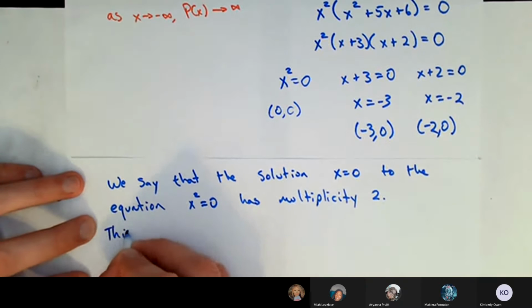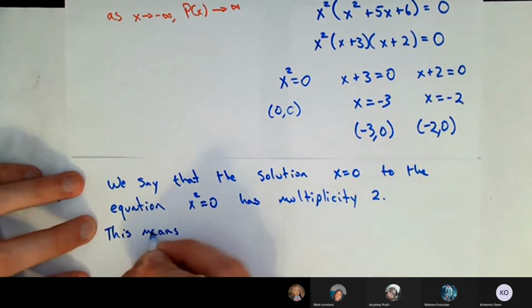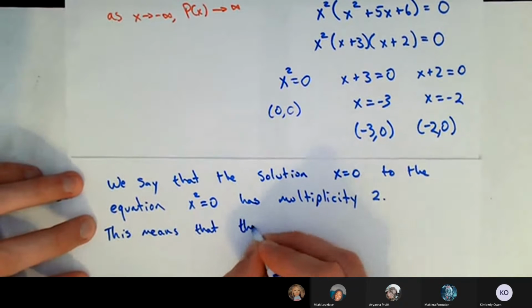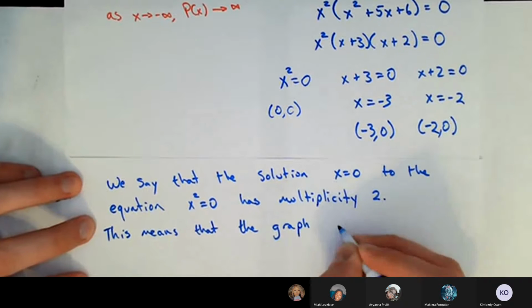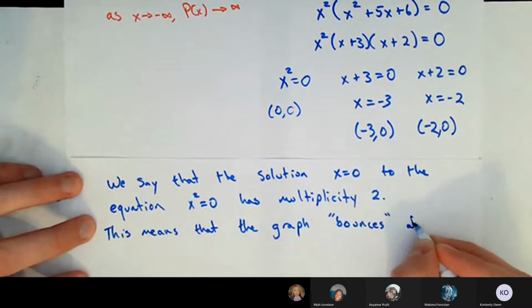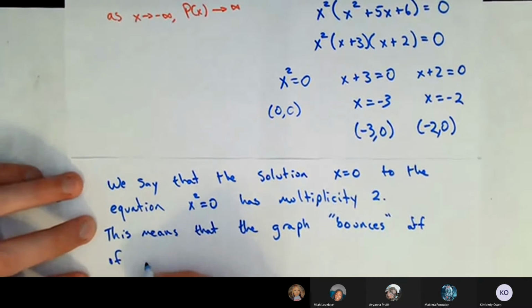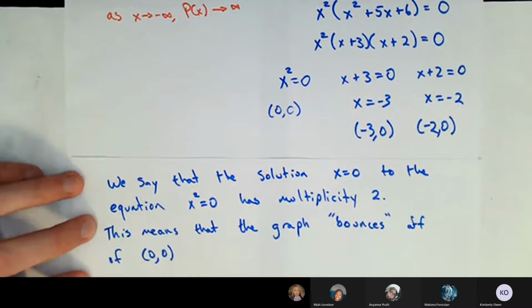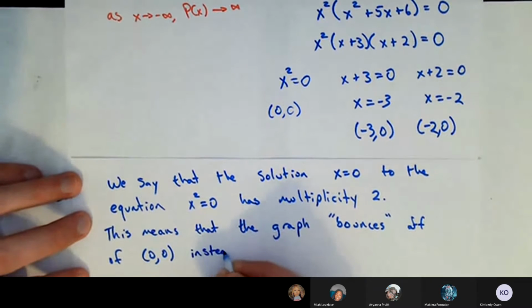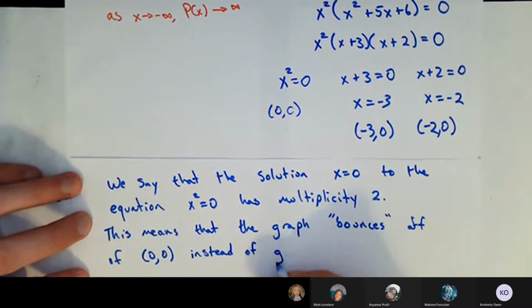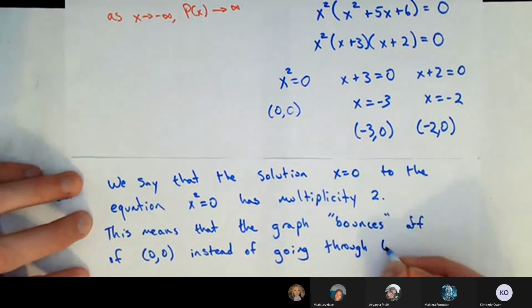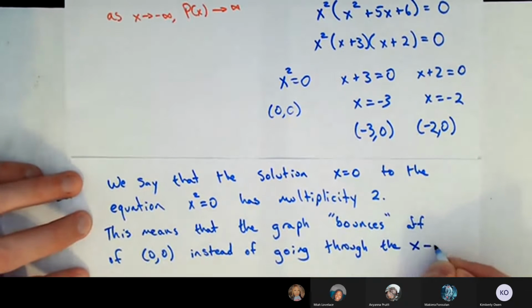This means that the graph bounces off of that corresponding x-intercept 0, 0 instead of going through the x-axis.